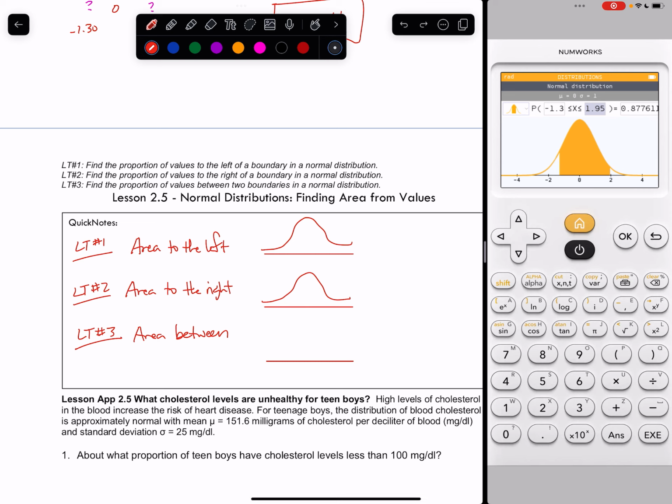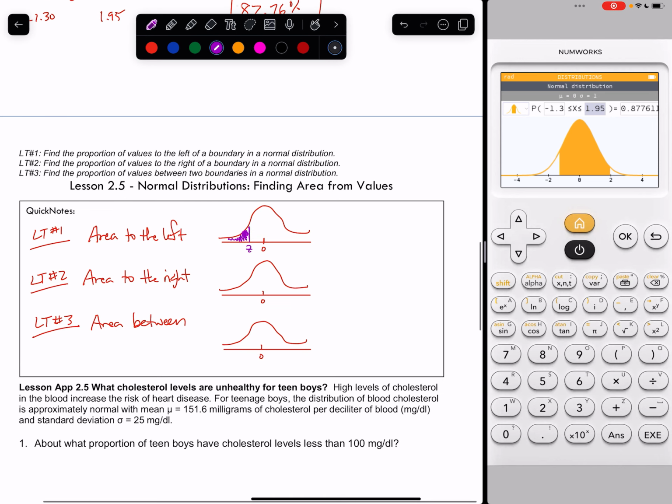Oops, I'm going to fix that last one. Dang it. Sorry, guys. Close enough. And so again, right, all of these have a mean of 0, right? The whole goal is to standardize them, create a mean of 0, and then find our z values. So to the left, right, can find any z wherever it is, and we just want the area to the left.